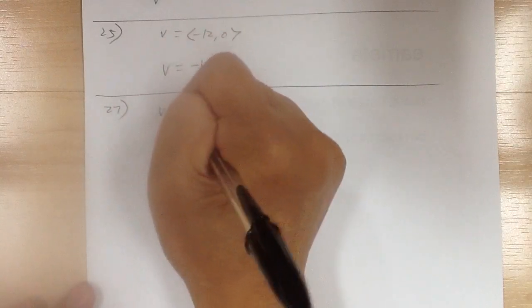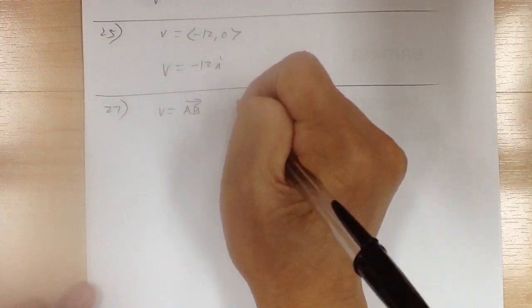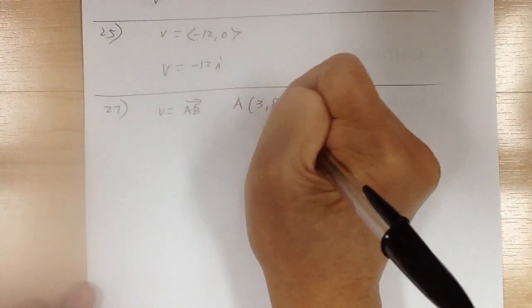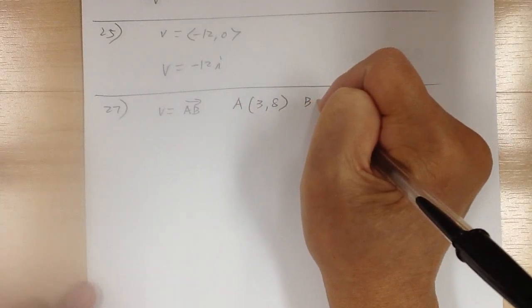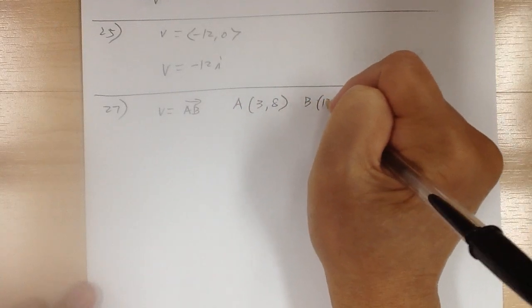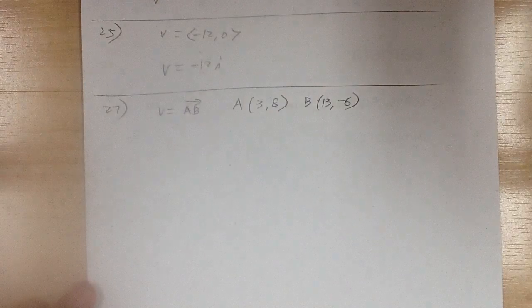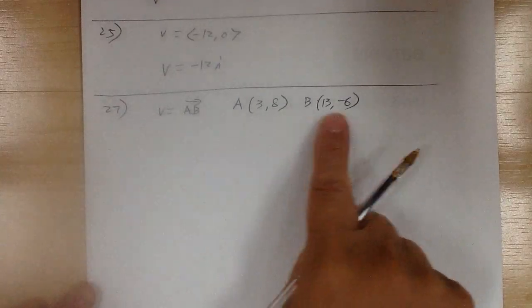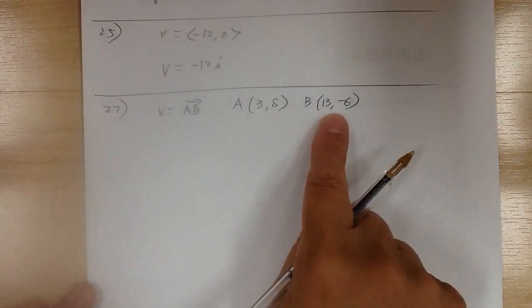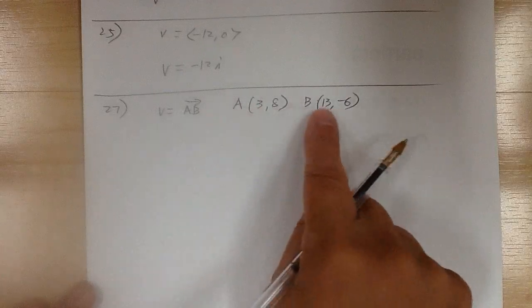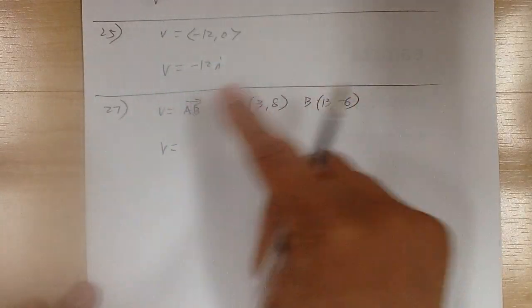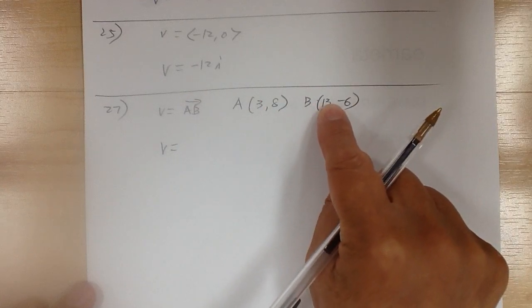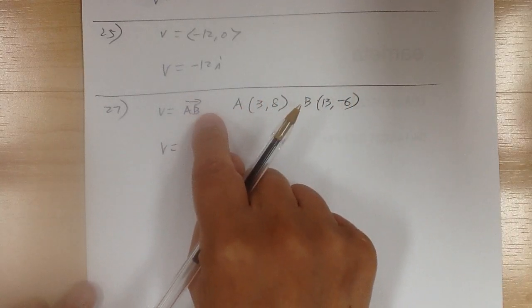Okay, 27. v equal to vector AB, and point A is (3, 8). Notice these are points, with parentheses. B is (13, negative 6). To get a vector from points, you just subtract, using the end minus the beginning.